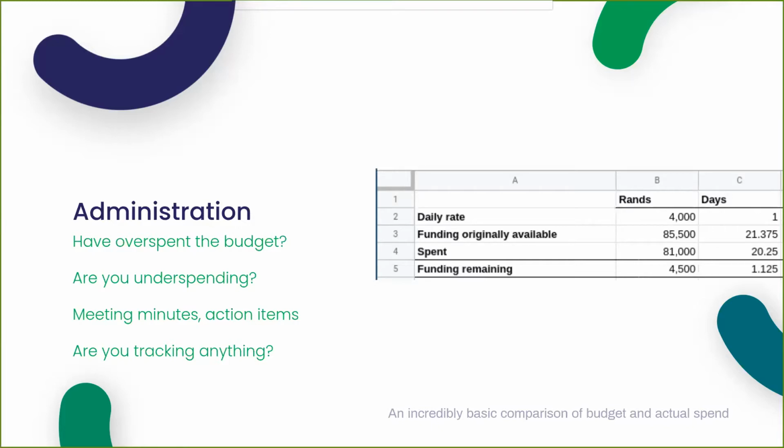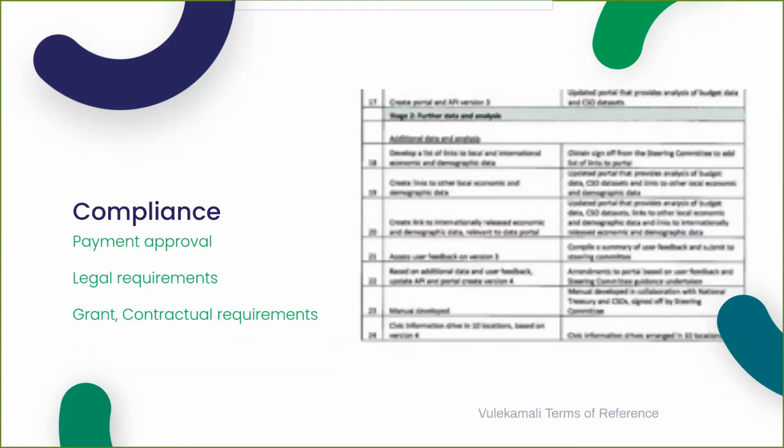In management accounting, they say you can't manage what you can't measure. So if you're not measuring things like the money available and the time spent each month, you're probably not managing that money effectively. And I've used the word compliance here. I'm not sure if it's quite right, but there's a few things I want to touch on.